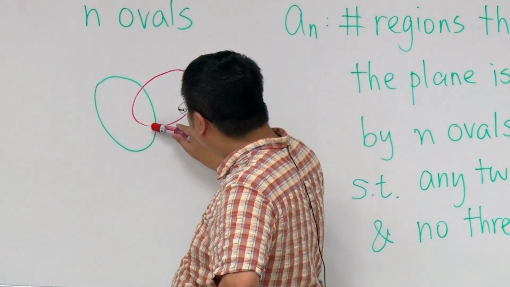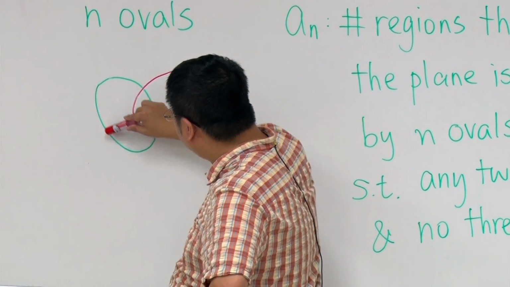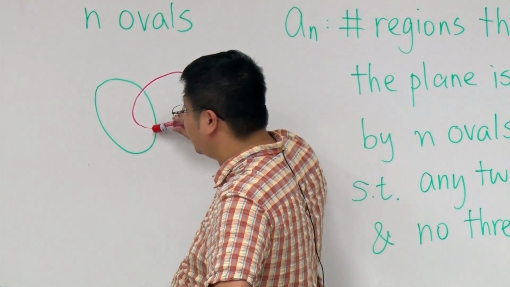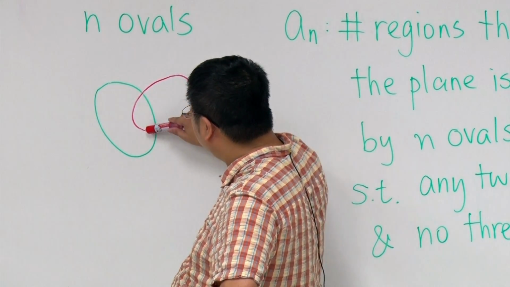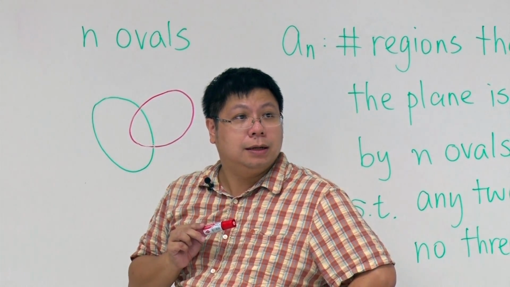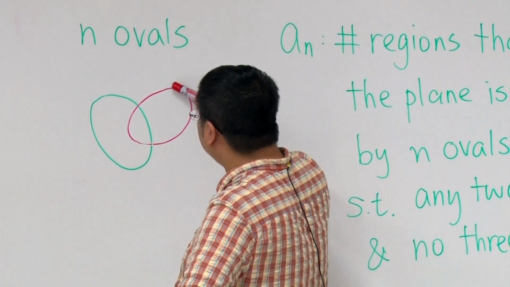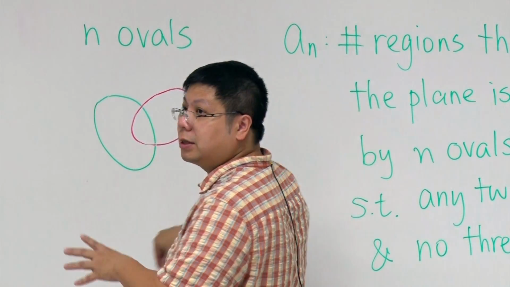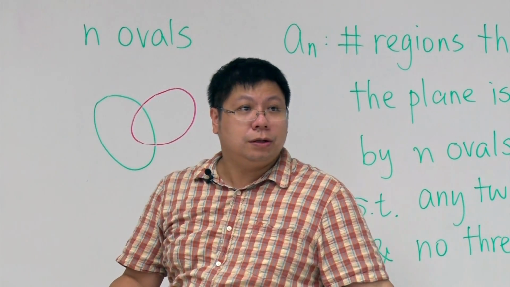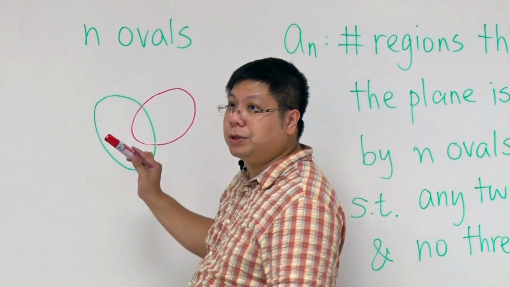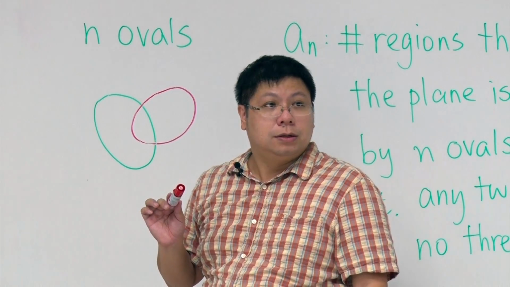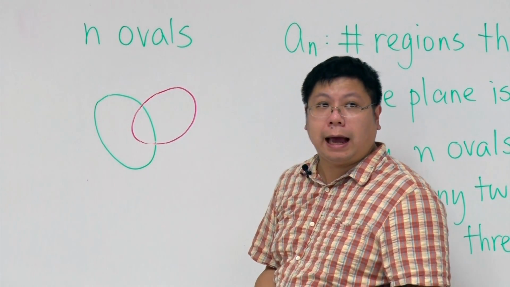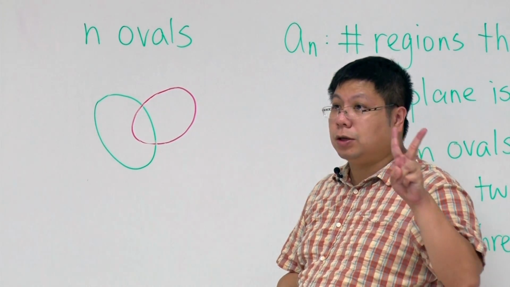This segment will make this whole piece from 1 into 2. It adds one extra region due to this segment. And this next segment adds one region, because originally it is just a whole outer region, but now it adds one more. So two segments add two regions in total.